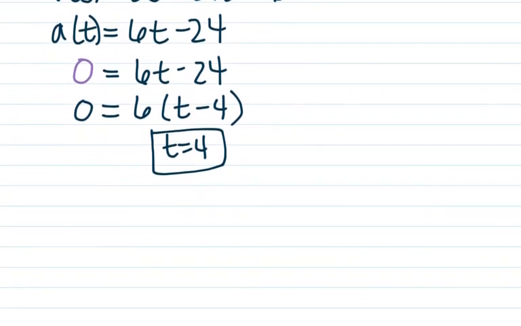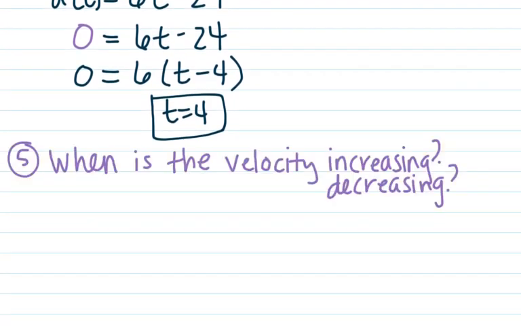So our follow-up question here will be, when is the velocity increasing and when is it decreasing? So please understand that's different than asking where it's positive and negative, right? We're describing how it's changing when we say the words increasing and decreasing.